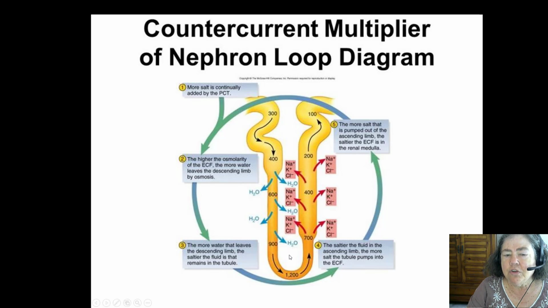the interstitial osmolality is really high, because there's tons of salt getting pumped out here. And what that means is that because there's all this salt, sodium and potassium and chloride, in the interstitium, and a very high osmolarity in the interstitium, when this fluid arrives from the proximal convoluted tubule, water starts to leave it.